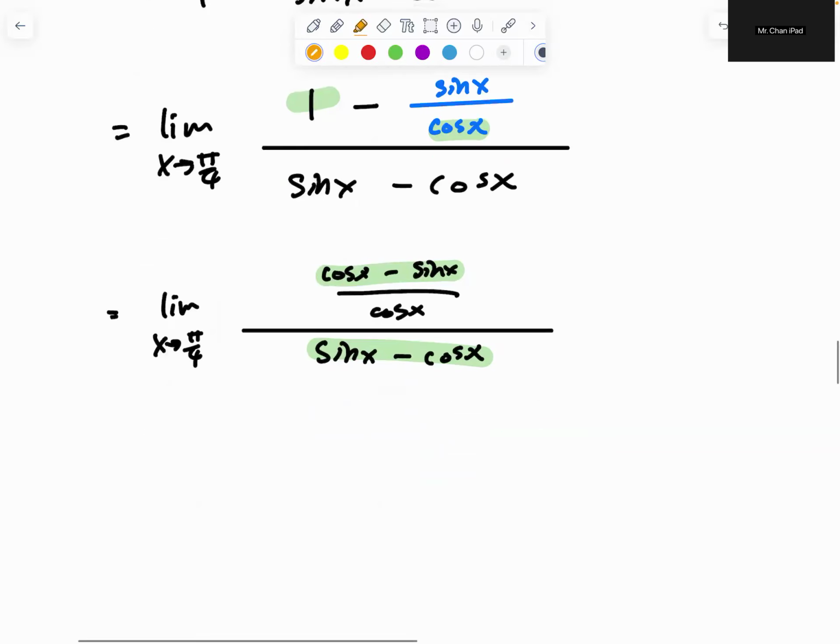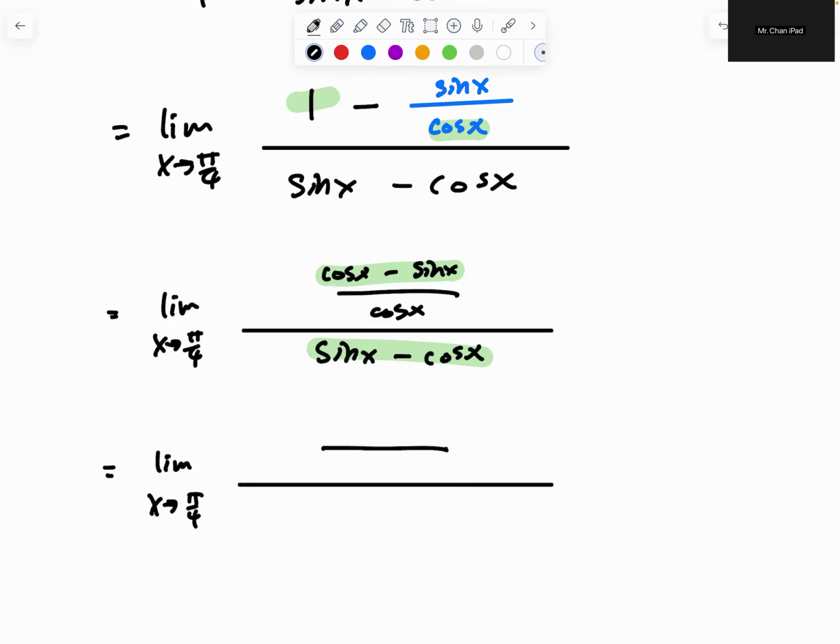Well, you can factor out -1 from either one of these two highlighted expressions. So it becomes negative sine x minus cosine x. And now the next thing is, are you comfortable canceling these two out?